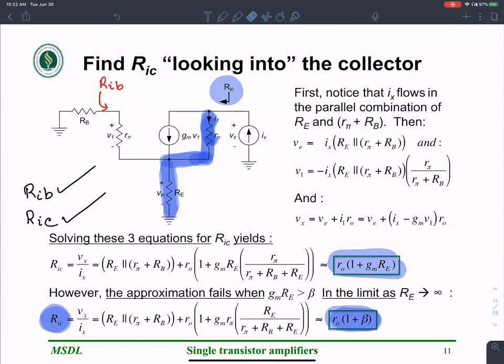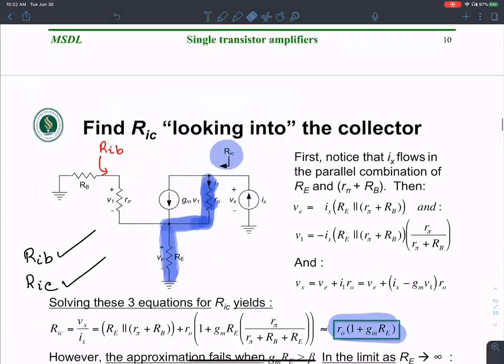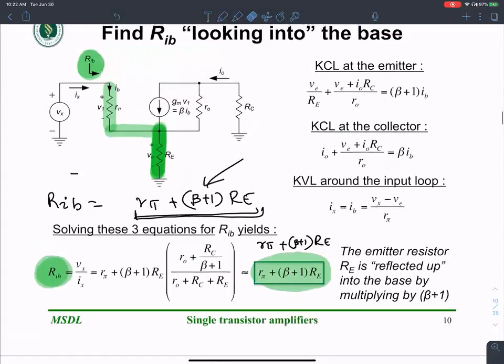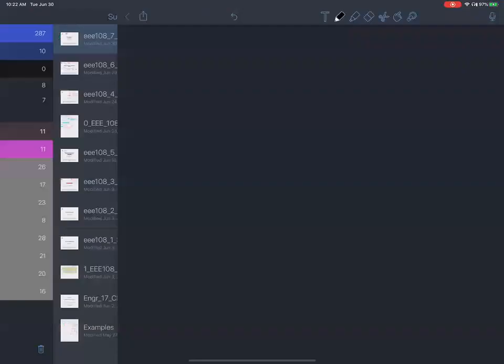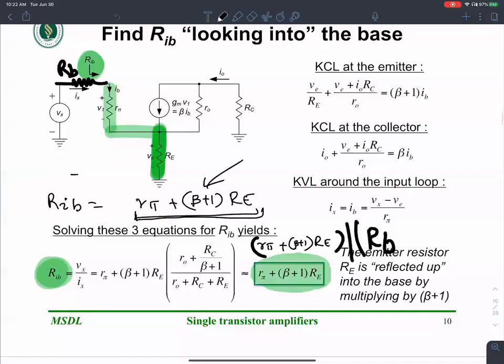We're going to take that into account later on. All that we need to do is to include RC in parallel. Similarly, I have not taken into account the RB over here. If I want to take that into account, I do this in parallel with RB. So there are certain things that I have not yet taken into account, but it's easy to take them into account at a later time.